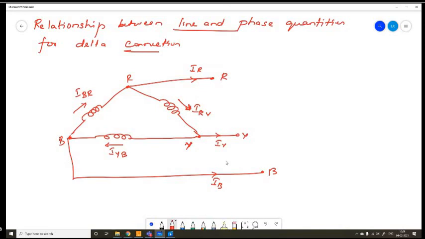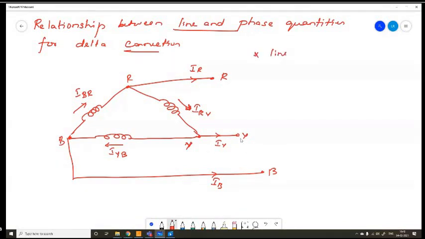So the voltage between R and Y will be the same as the voltage in this particular phase. So the line and the phase voltages are identical.